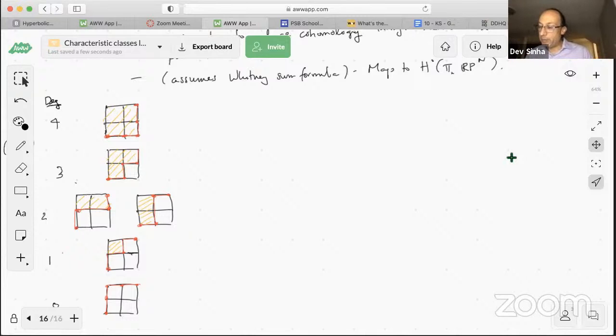If the attaching map maybe wraps around a few times, then especially if I count with pluses and minuses, this attaching map will have some degree. This is my picture of d_CW.